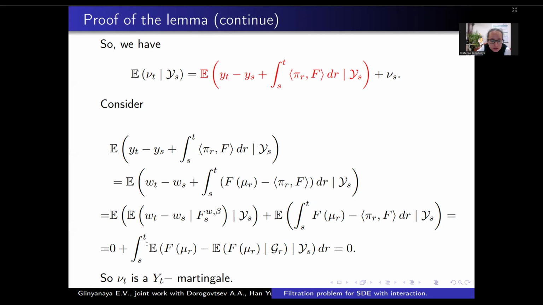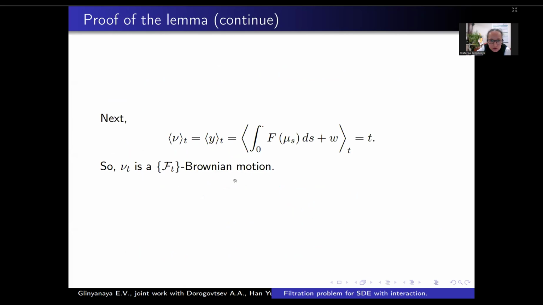So nu t is a Yt martingale, and to check that it is a Brownian motion, we calculate its quadratic variation, and it is equal to t because of the definition of how we defined it. So nu t is a Yt Brownian motion.